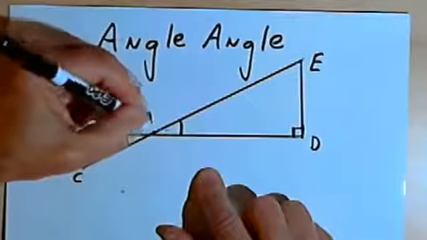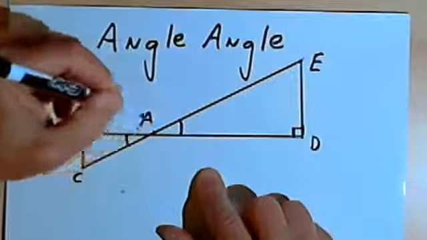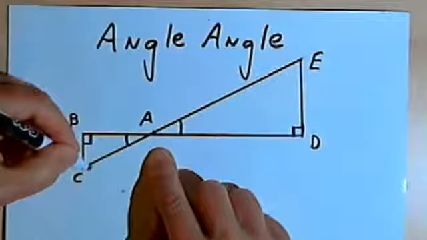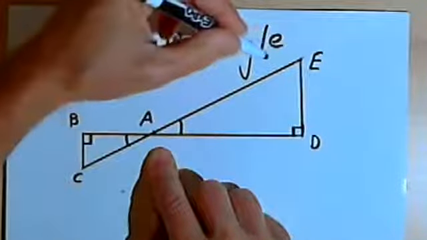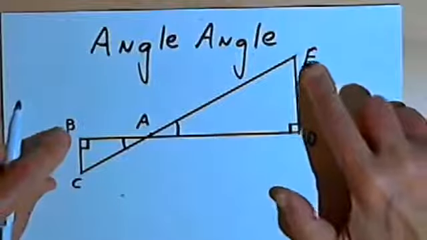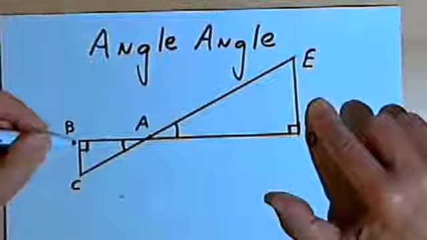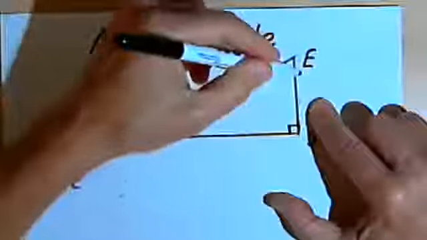So I know the two angles that are formed here are going to be congruent. Angle BAE is congruent with angle DAE. And then we've also taken these two line segments and formed them into triangles by adding side BC and DE.